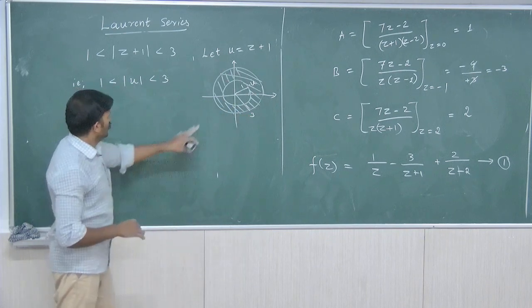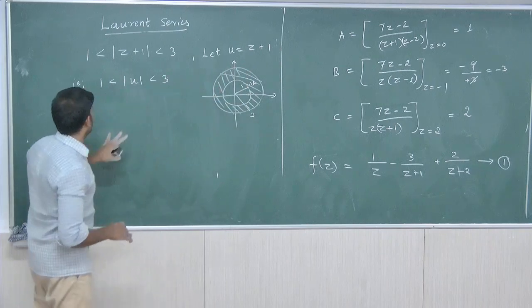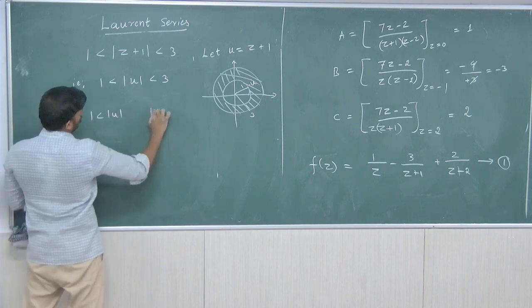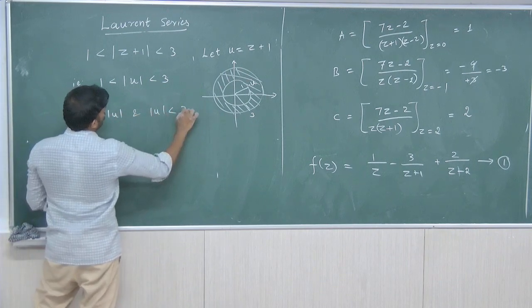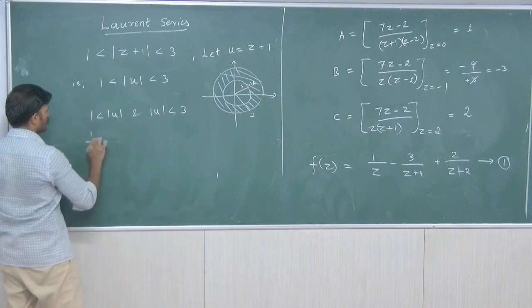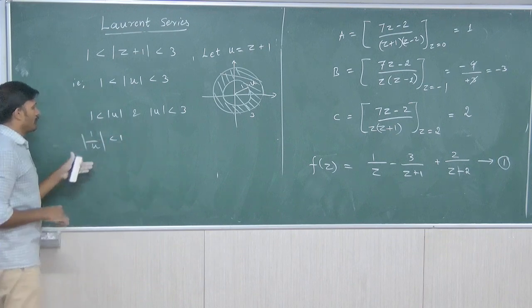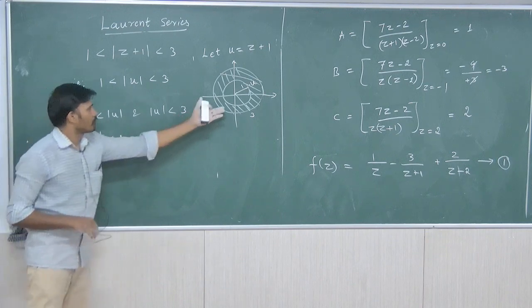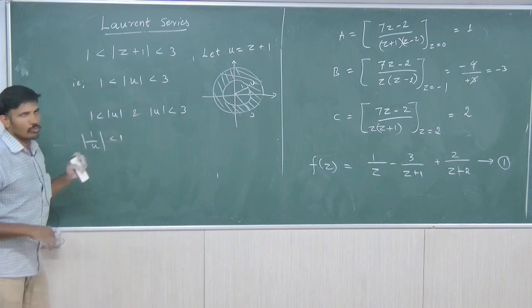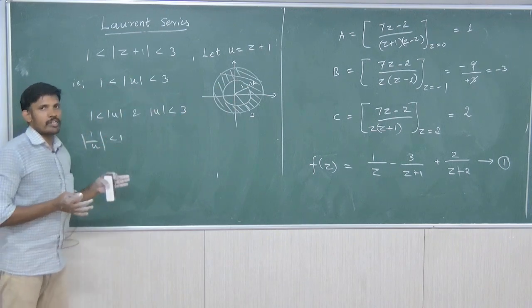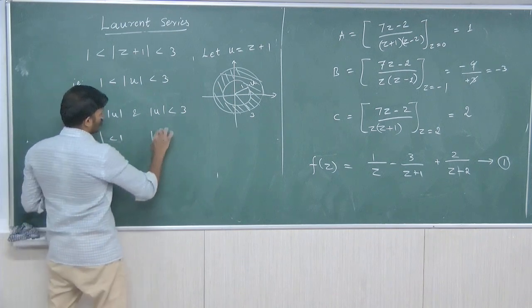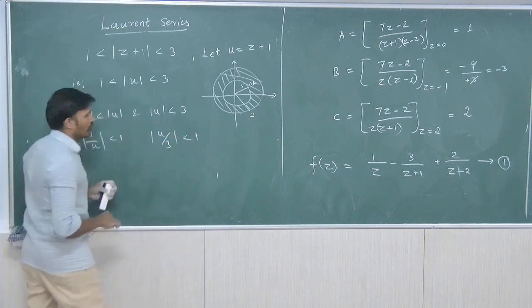So without using this diagram, directly by using this inequality, you can write the two inequalities. If you take any value inside this region, that 1 by u is also less than 1. For binomial expansion purpose, we are finding this inequality. So modulus u by 3 is also less than 1.